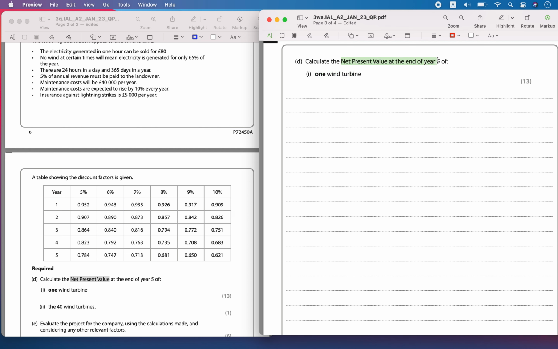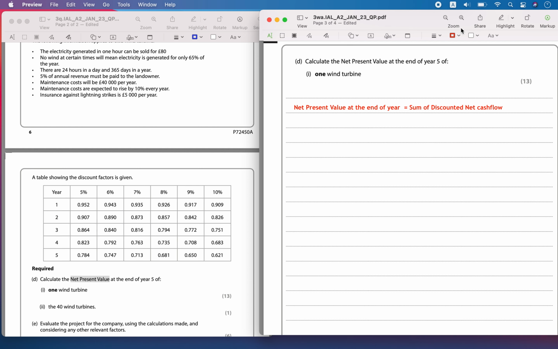So the net present value at the end of 5 years is the sum of the discounted net cash flow. That's how you will know.